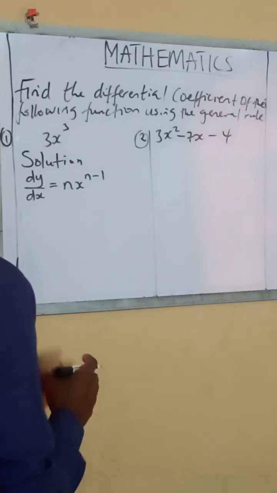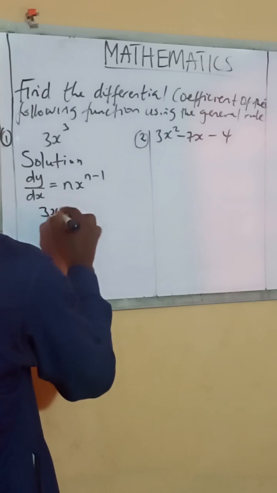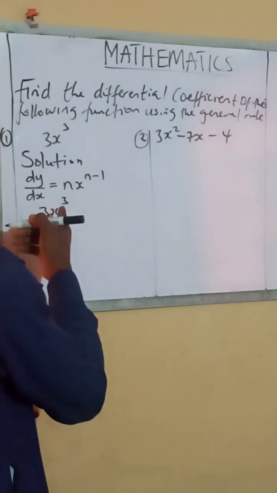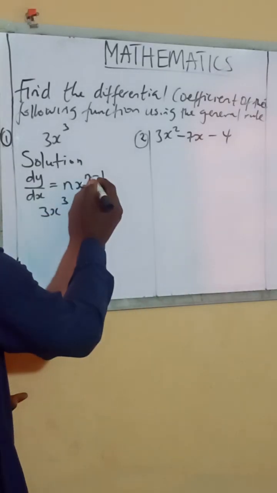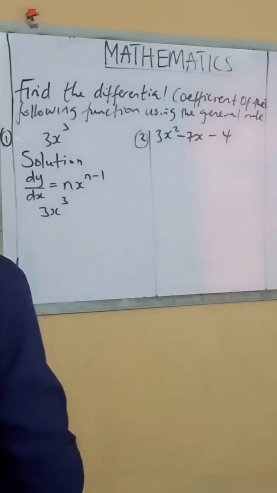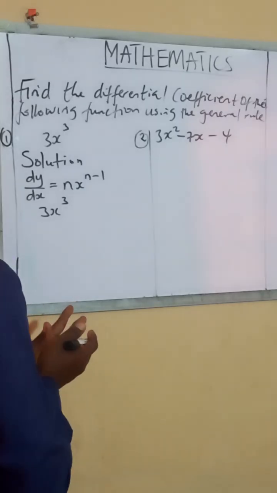Now, what does this mean? From what we have here now, let's bring out our question first, which is what? 3x raised to the power of 3. Now, if this is 3x raised to the power of 3, you will agree with me that this n here stands to be the number that we have here. Now, the first thing that you should do first is identifying the n.